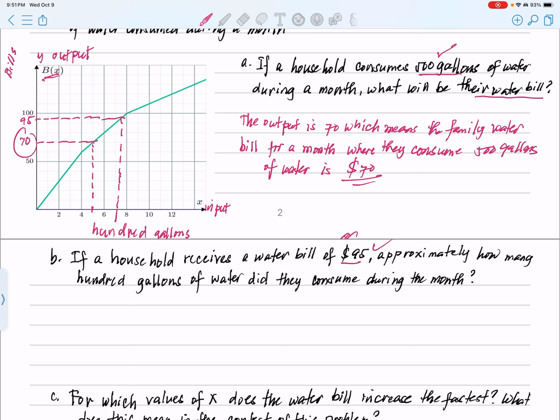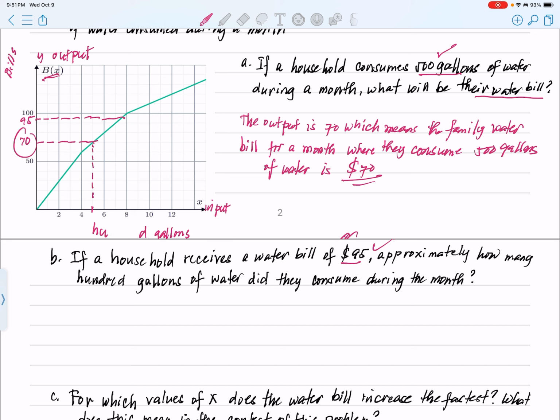Wait, I have to make my line clear. It is somewhere between 7 and 8.